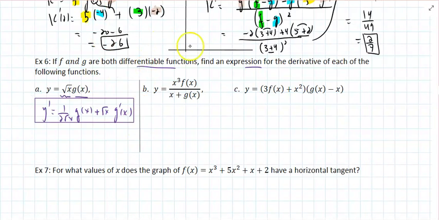If I look at the second piece, well, y prime equals the quotient rule. But the top, when I say derivative of the top, that's the product rule. Derivative of the first times the second plus the first times derivative of the second.